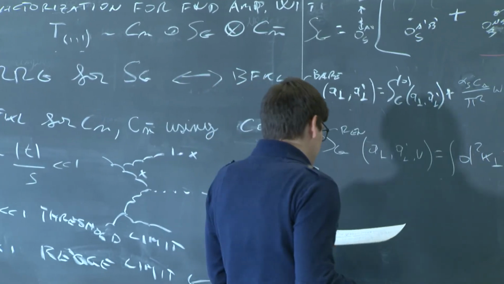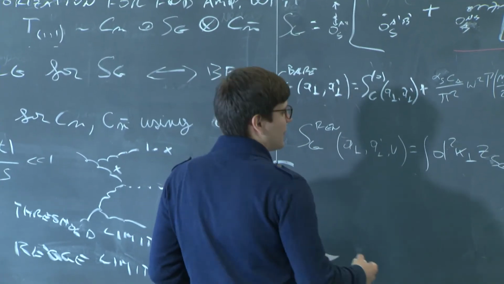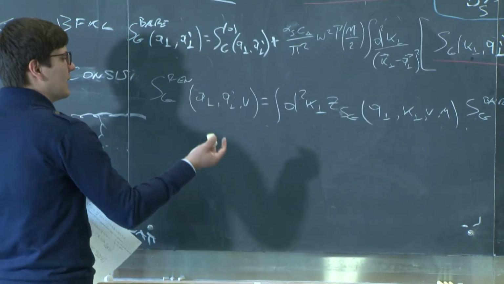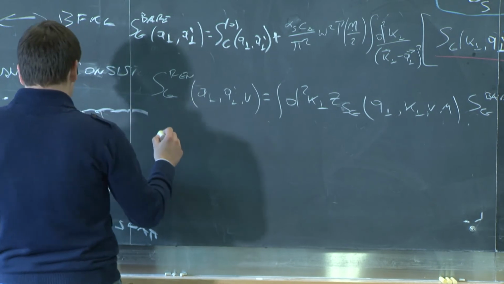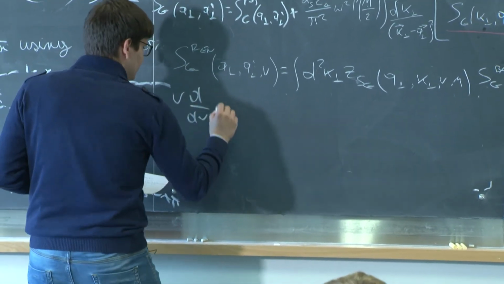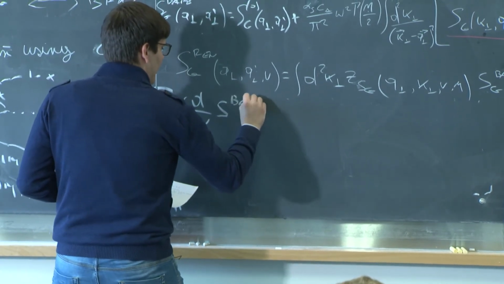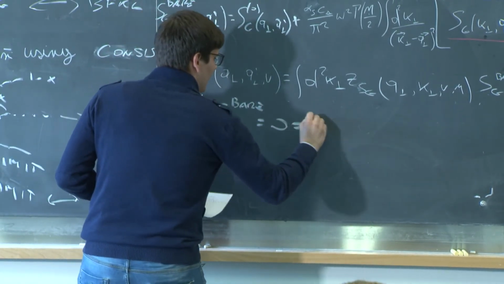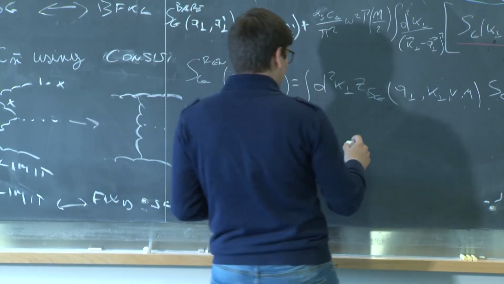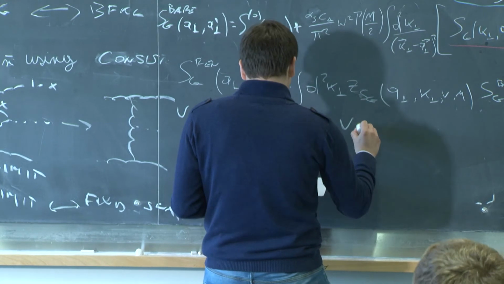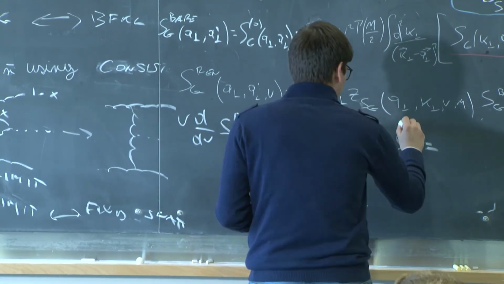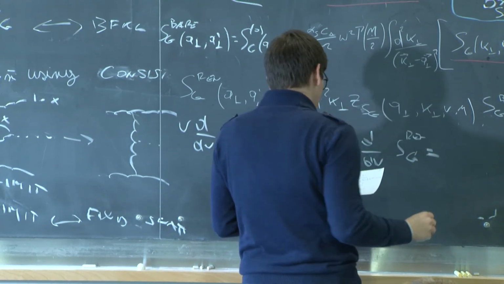And so this is a nice example, because of course the bare soft function at all orders does not depend on nu, so I can derive an RG equation for the renormalized one, and this is basically mu d/dnu of S_G renormalized.